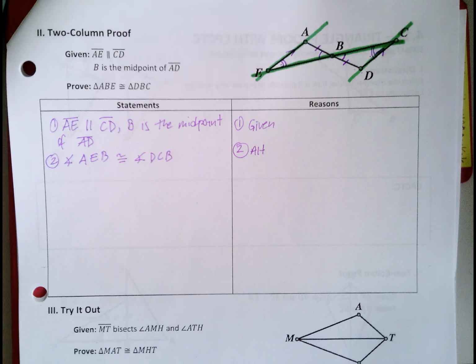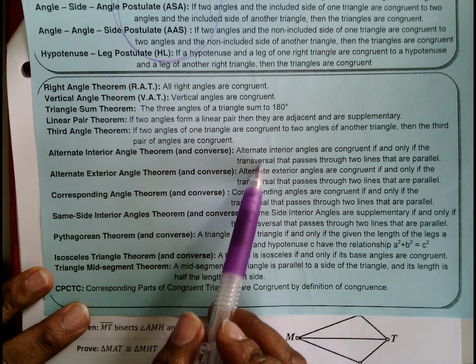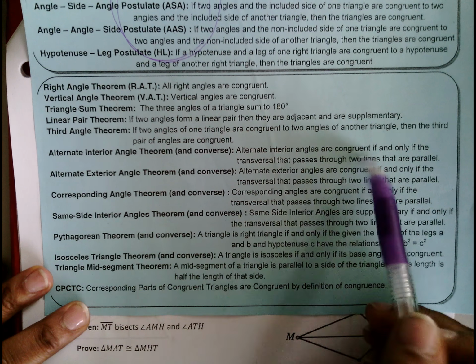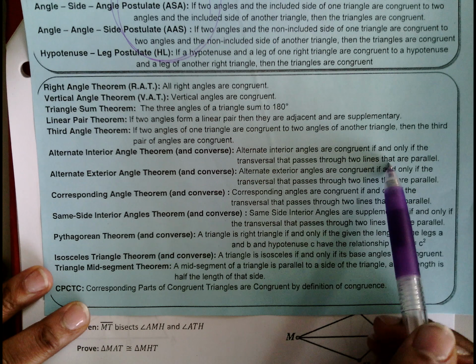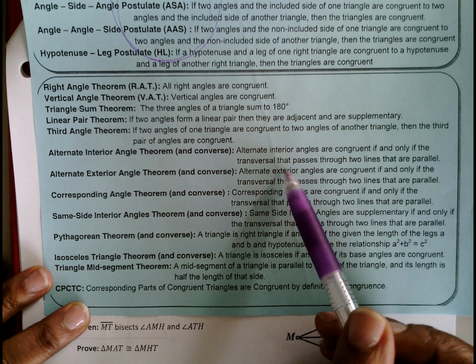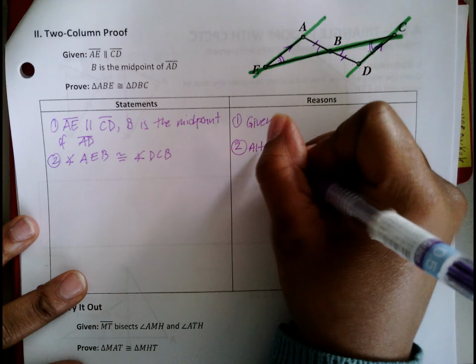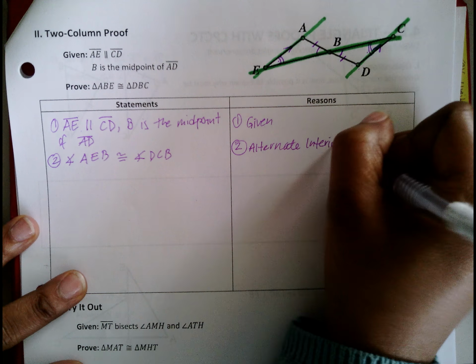And I got that from here. I'm literally using this bank, and the reason for them being congruent is the alternate interior angle theorem. Alternate interior angles are congruent if and only if the transversal passes through two lines that are parallel. So, alternate interior angle theorem.